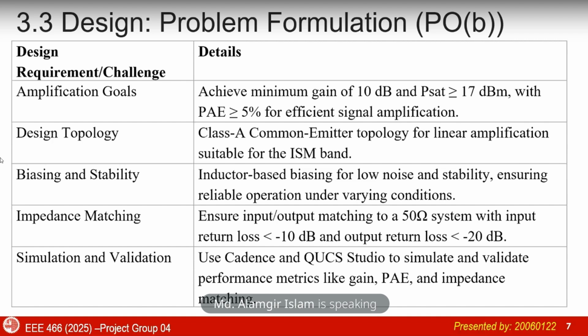class A common-emitter topology for linear amplification suitable for the ISM band. For biasing and stability we mainly used inductor-based biasing for low noise and stability, and for impedance matching we ensure input and output matching to a 50 ohm system with input return loss of minus 10 dB and output return loss of minus 20 dB.